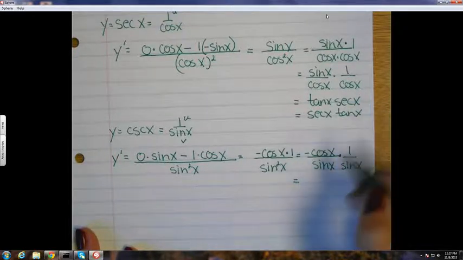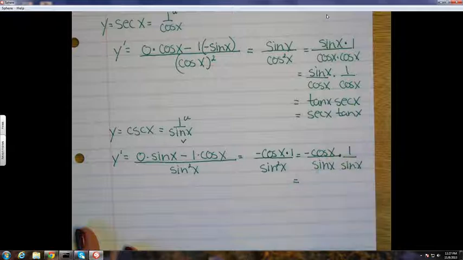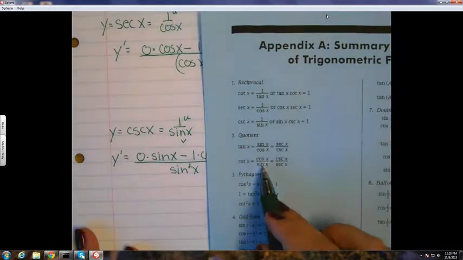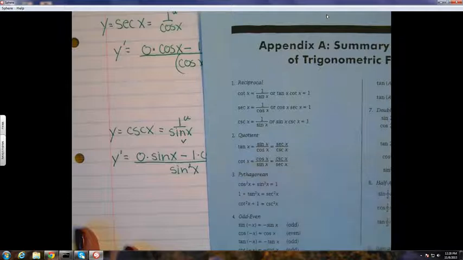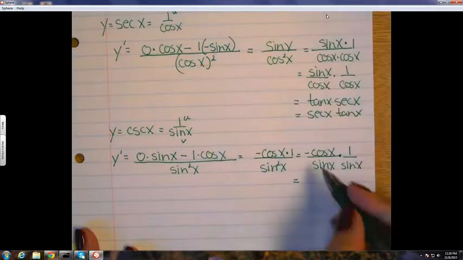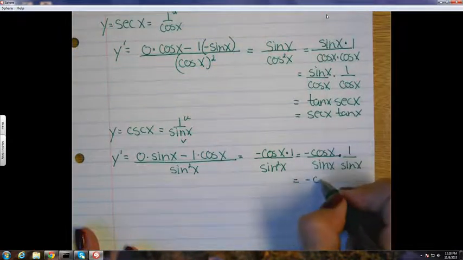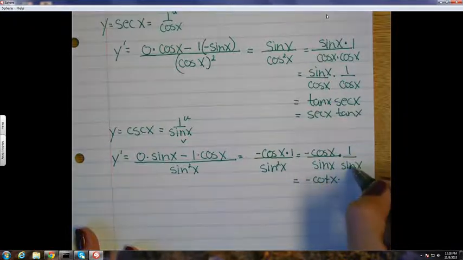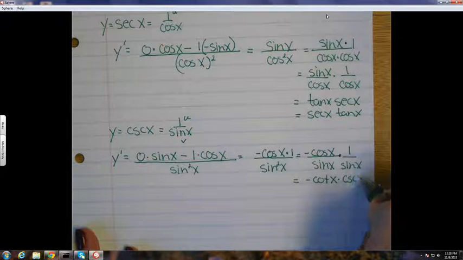Okay, cosine over sine is a trig function. Cosine over sine is cotangent. So we've got negative cotangent x, 1 over sine. We used that at the beginning. That's cosecant. And again, the book just flip-flops these.